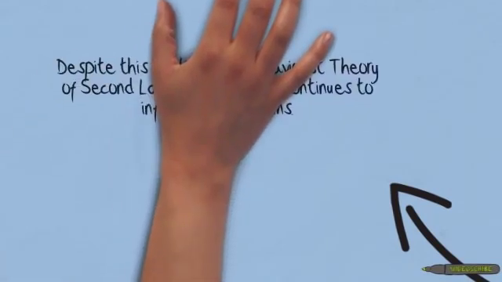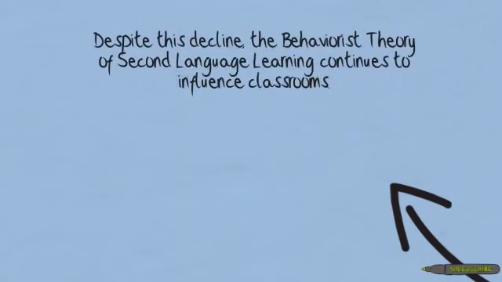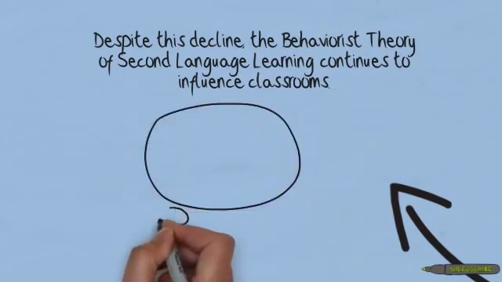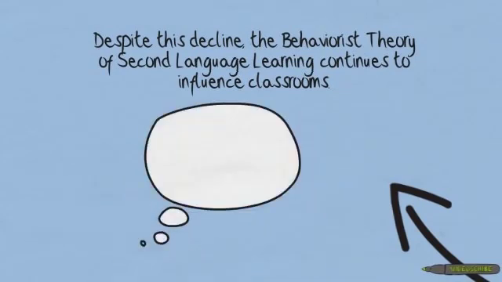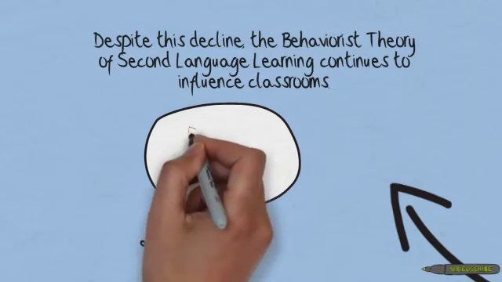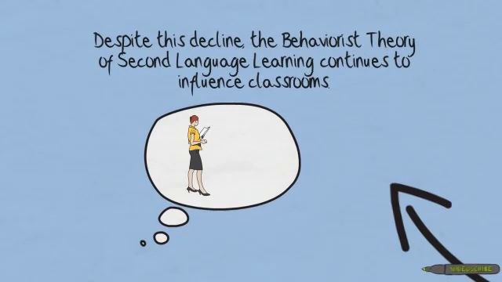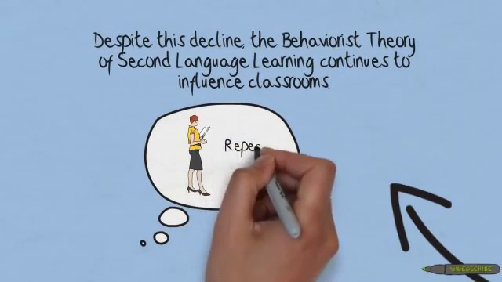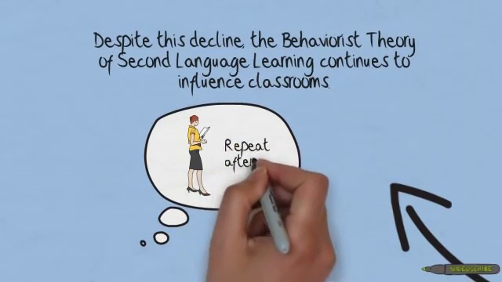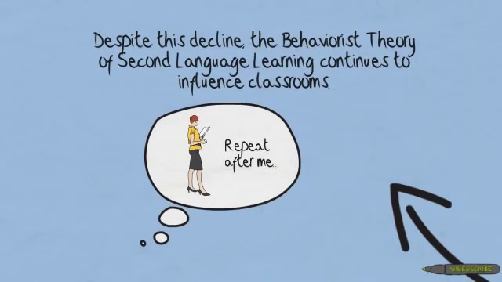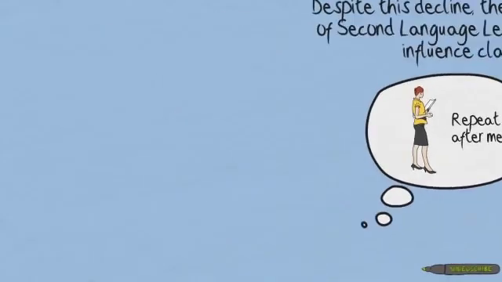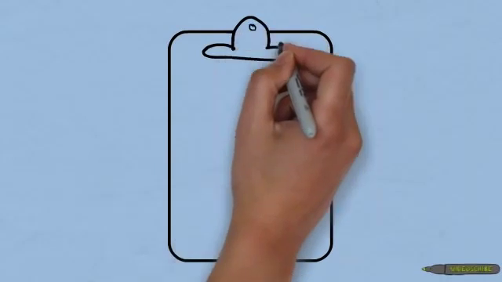Even though the use of audiolingualism has declined drastically since the 60s, the basic premise of the behaviorist theory continues to influence many teachers' thinking about how a second language is learned. In fact, even if you didn't go to school back in the 50s and 60s, you can probably still remember some teaching strategies that your classroom teacher might have used, like dialogue, repetition, and drilling, that can be traced back to the behaviorist theory.